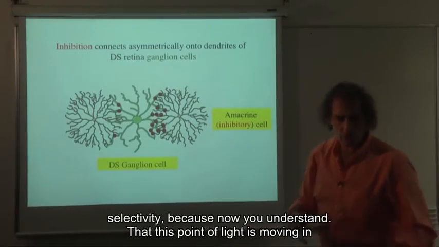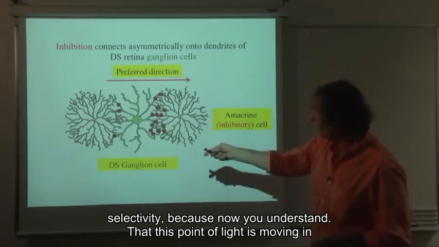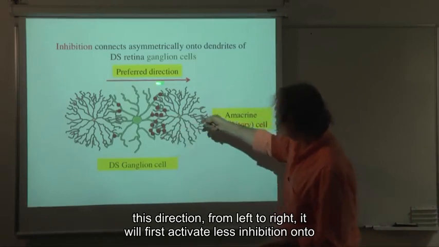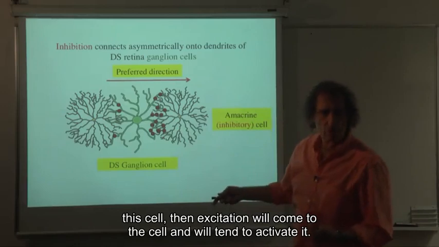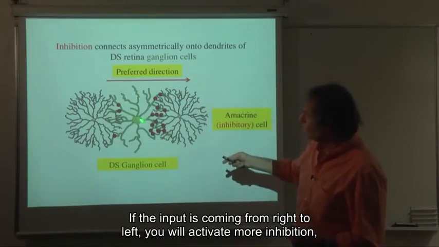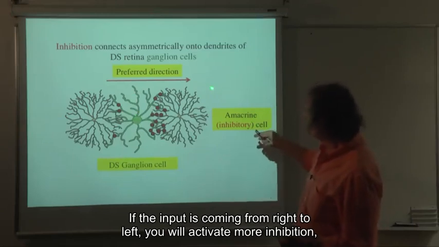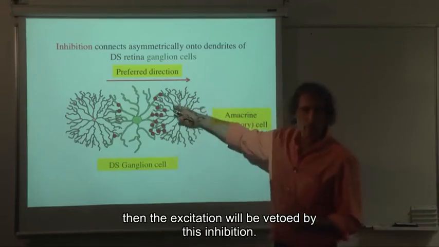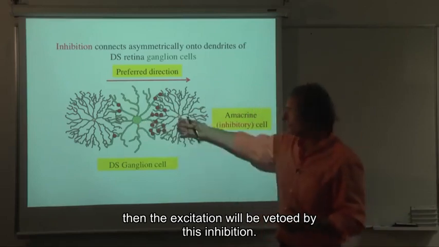This will be the source of direction selectivity, because now you understand that if a point of light is moving this direction, from left to right, it will first activate less inhibition onto this cell. Then excitation will come to this cell and will tend to activate it. If the input is coming from right to left, you will activate more inhibition. Then the excitation will be vetoed by this inhibition.